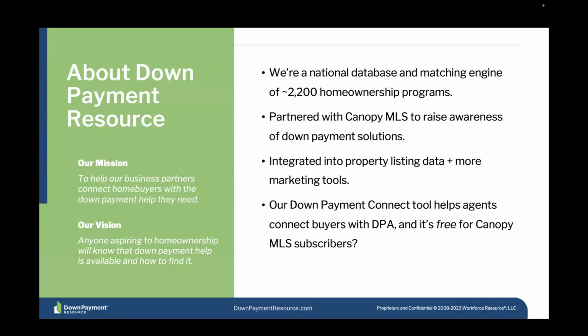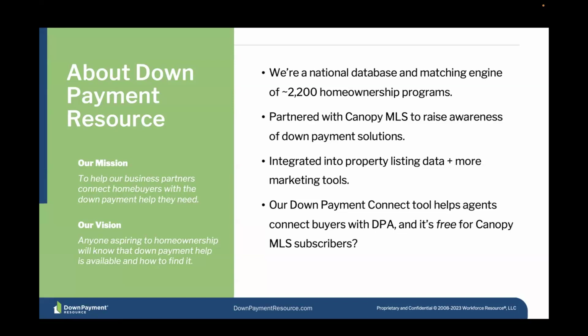Just a couple of things to refresh. If you joined us last week, then you heard a lot of this. If you're new to this series, then you should know we are a national database and a matching engine of all of the more than 2,200 homebuyer assistance programs around the country.